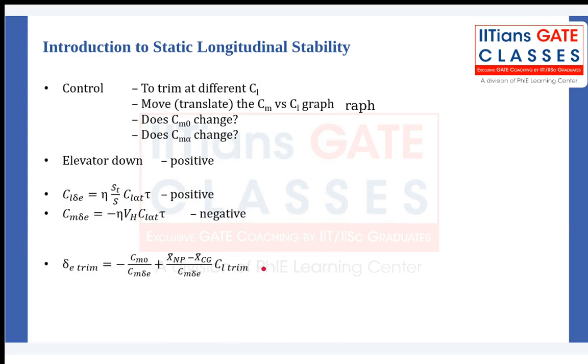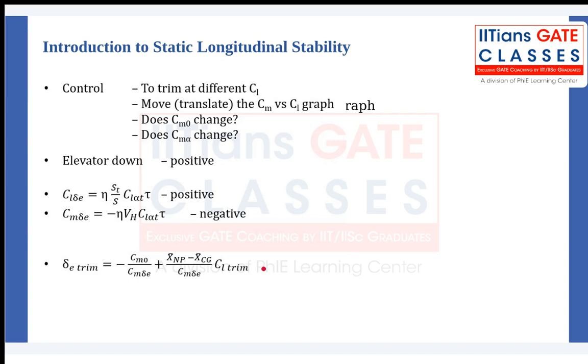Then we introduced control. Control does not affect the stability in any way. What it does to the graph is merely translate the graph. It will not change the slope. We know that slope is the only thing that defines stability. So if you just translate the graph, the slope remains the same. Only the CL trim changes. So you can trim it at different CLs.